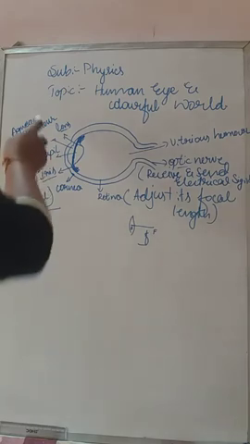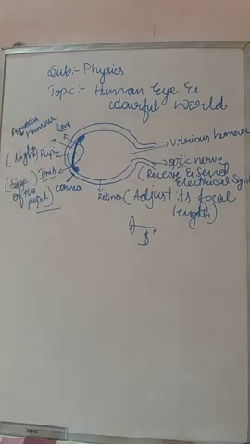The next is the aqueous humor, which is nothing but tears, and the vitreous humor, which is the wastage you call pissuru. Both the aqueous humor and the vitreous humor help to protect the eye from dust. So this is about the eye and the work of its organs.